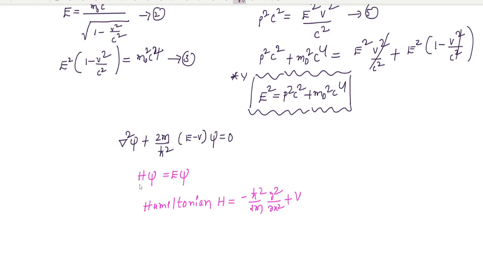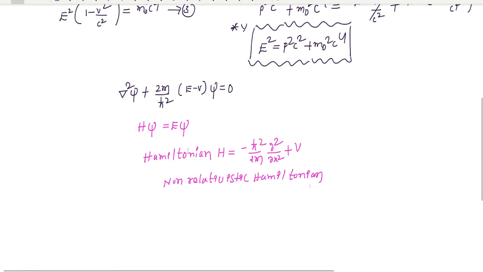Here the Hamiltonian function is the non-relativistic Hamiltonian. By using this equation, we solved many problems like one-dimensional potential well, barrier, and step potential.